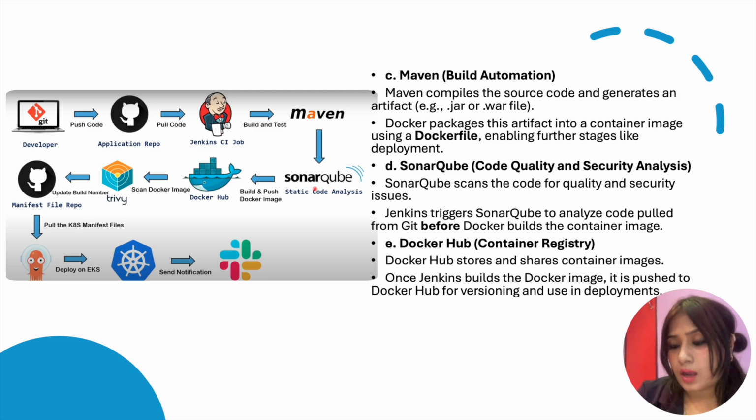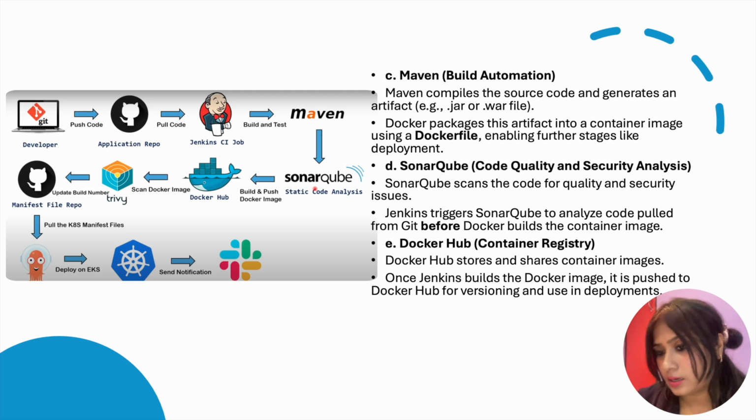Now Docker Hub. Docker basically works like this: the code is taken from the source code, and from the Dockerfile an image is created, and from that image the Docker containers are created.